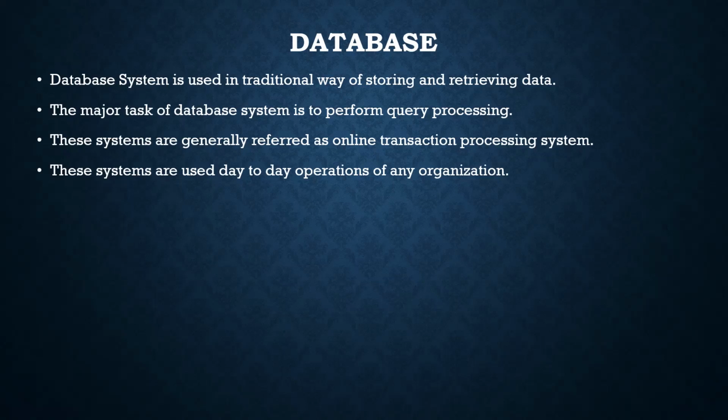Whatever data we store in the database is called live data, because whatever transactions we perform live in the present days, today, tomorrow, or yesterday, those operations are done on that data. That's why we say the data stored in a database is live data, and the day-to-day operations are performed here.